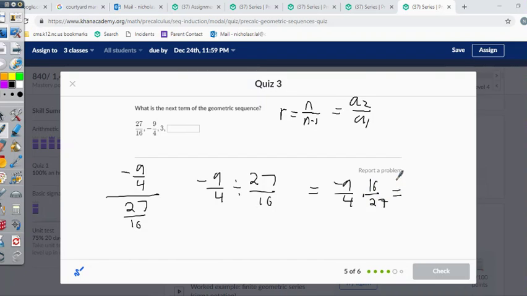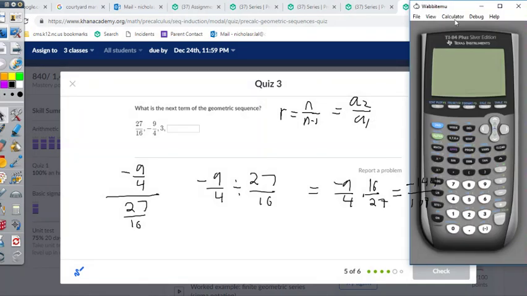So negative 9 times 16 is going to be negative 144, divided by 4 times 27, which is 108. This is where it'd be helpful to get the calculator to simplify things.